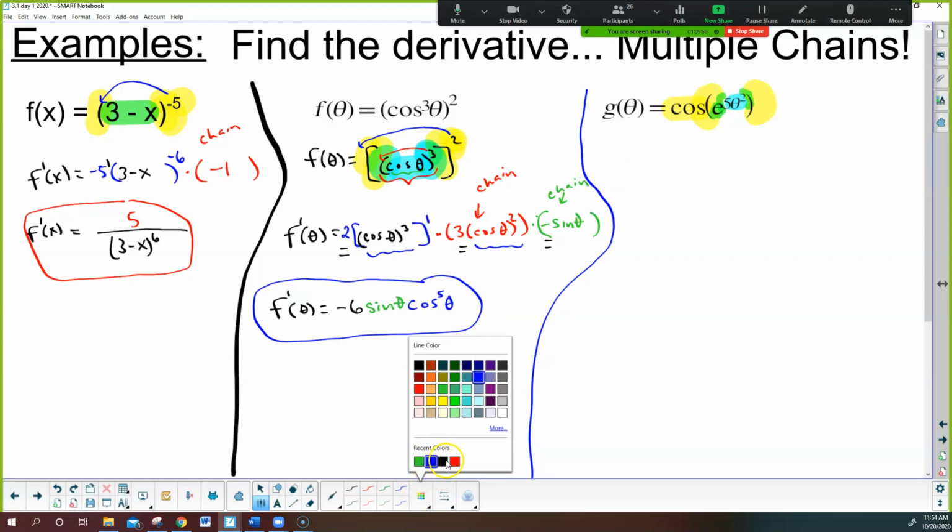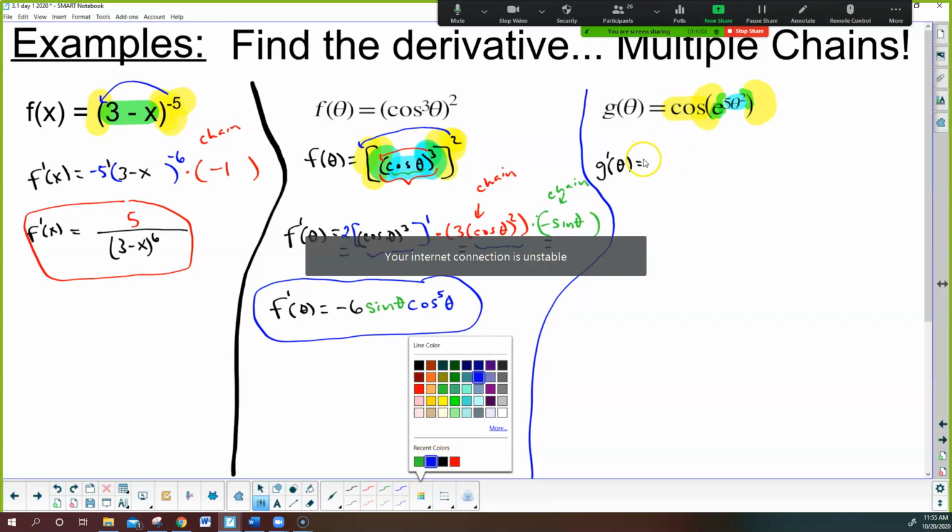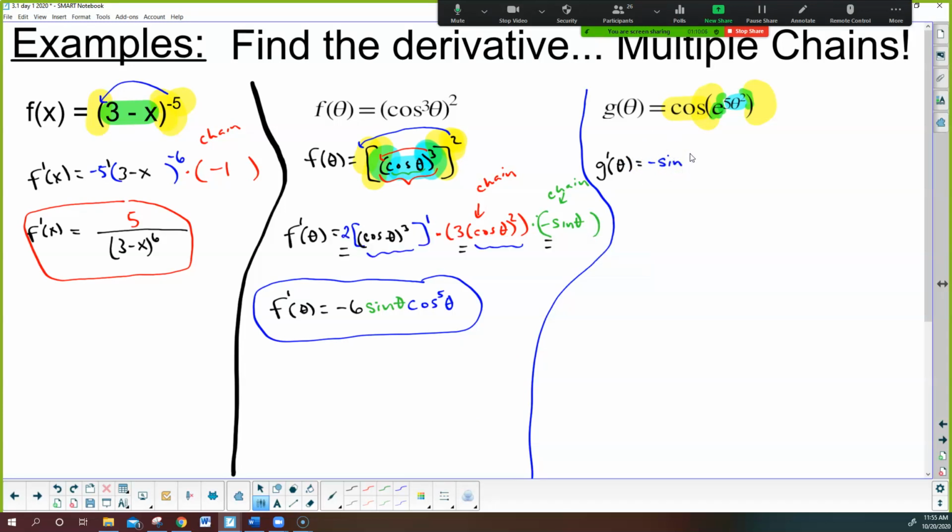Let's start with proper notation. G prime of theta. And we're going to take the derivative of the outside part first. So the derivative of cosine is negative sine. And then we're going to keep the inside exactly the way it was.